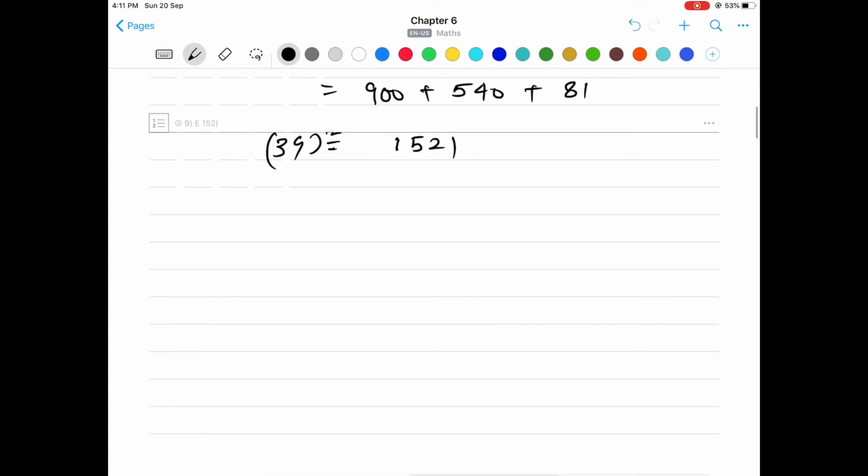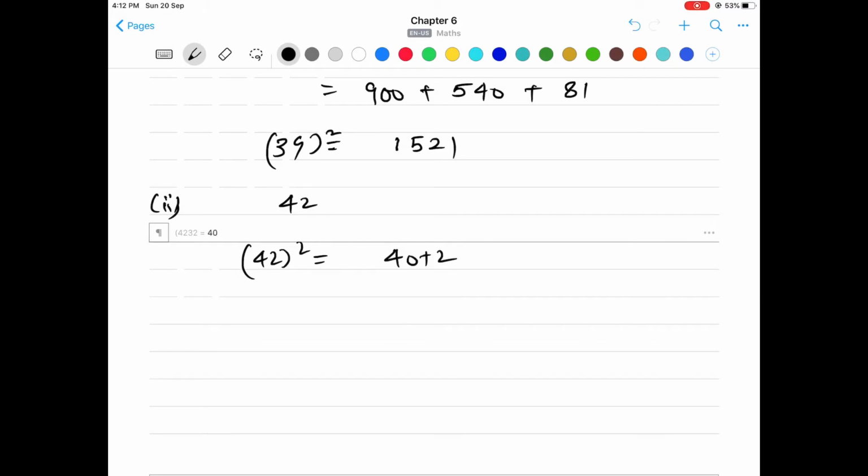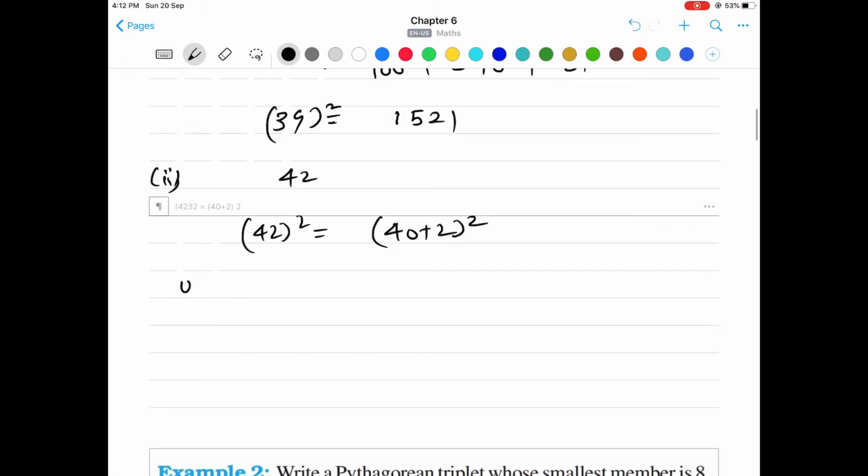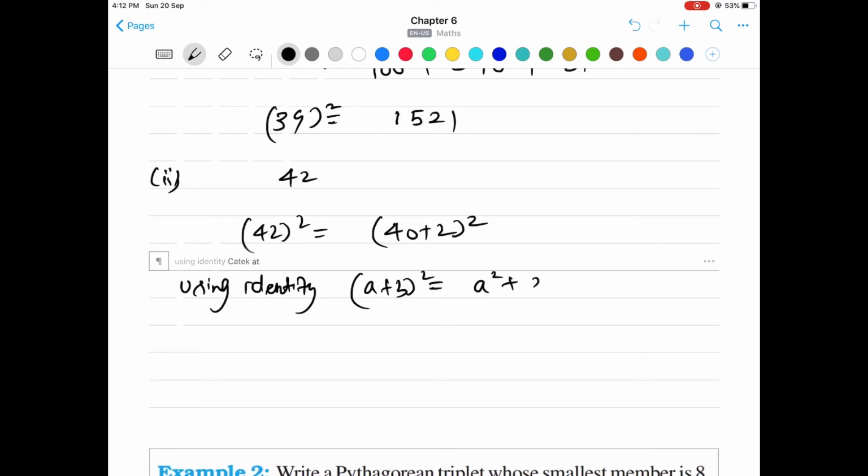So we have calculated the square of number 39 without actually doing the multiplication. In a similar way you can find the square of the second number, which is 42. The square of 42 can be written as the sum of 40 plus 2. Again we are going to use the identity (a + b) whole square equals a square plus 2ab plus b square.